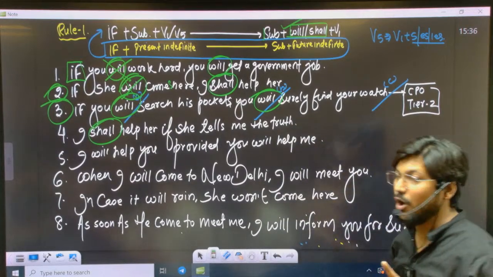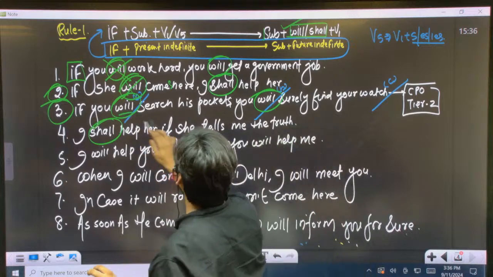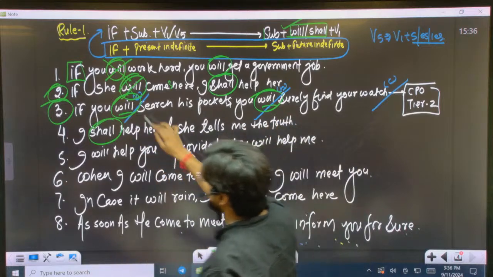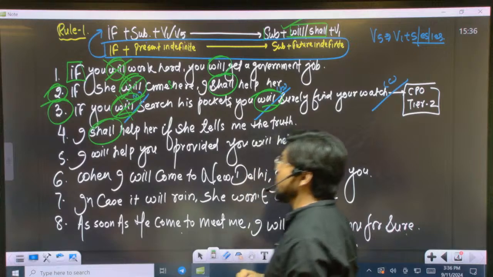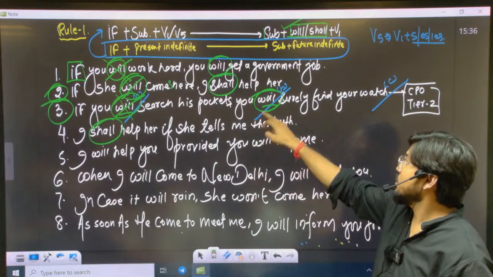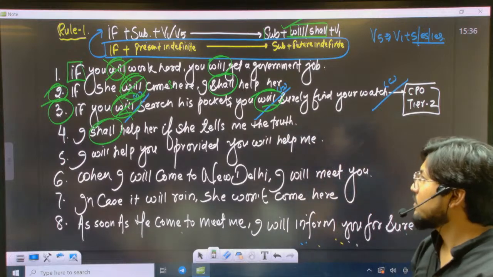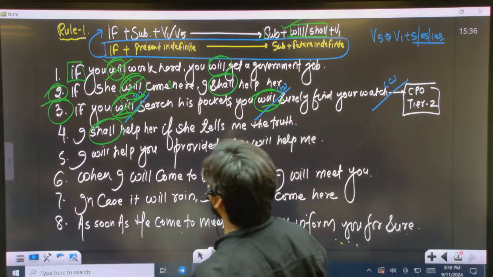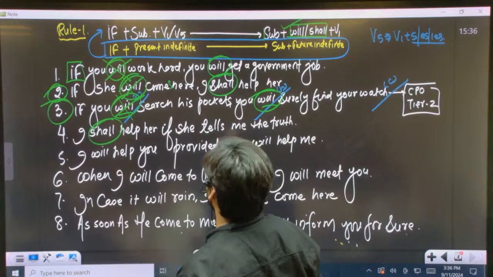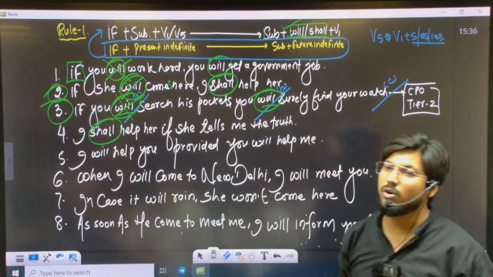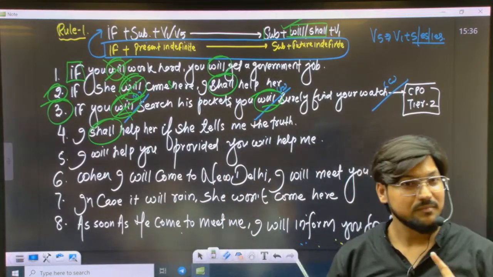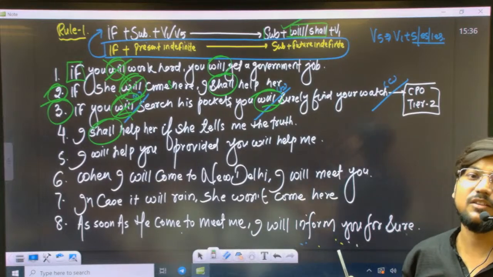Remove one will from which one? This will or this will? First will. If you search his pockets, you will surely find your watch. Question number 4: I shall help her if she tells me the truth. Is the sentence correct or not? Tell me. The sentence has no error.